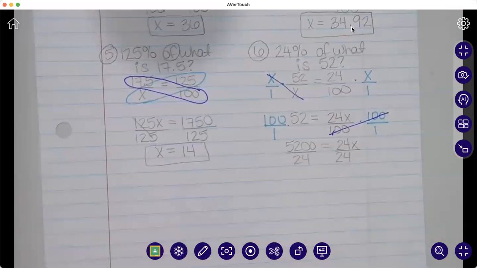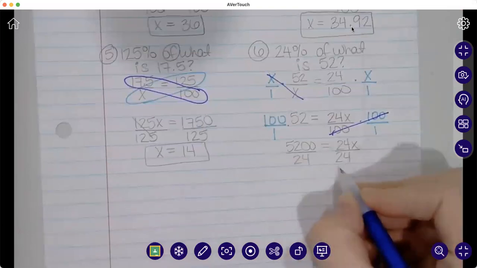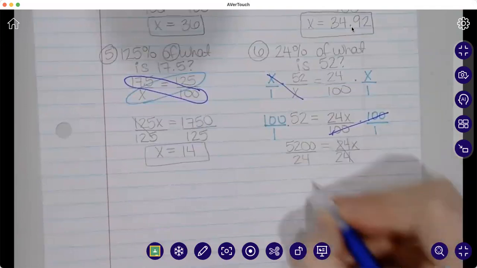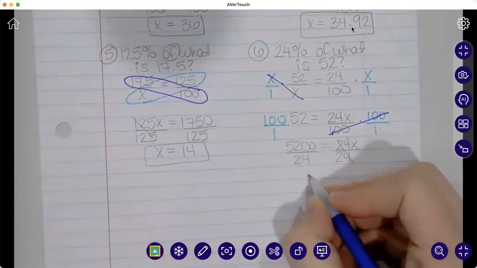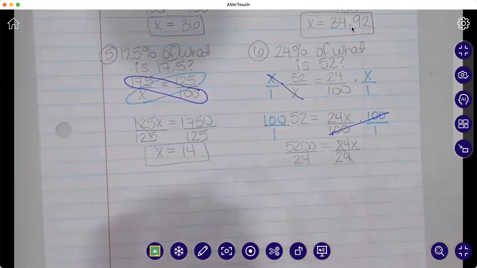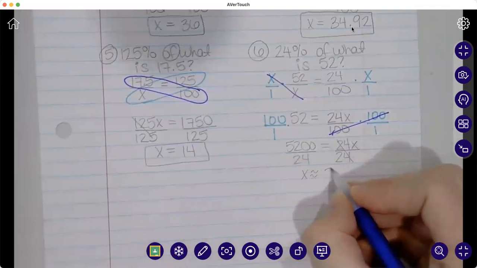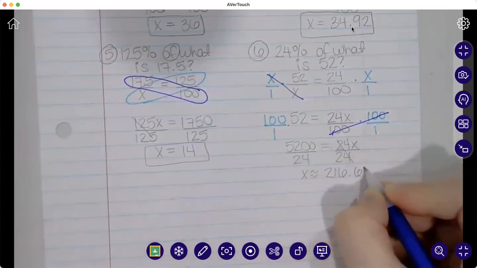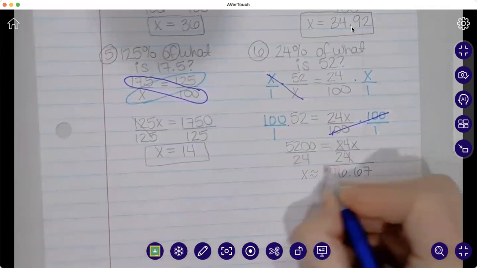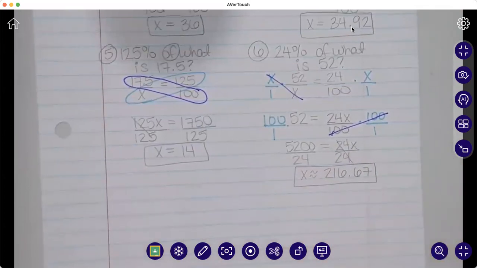And you'll notice that when you do that, you're going to get a long repeating decimal, and so we want just to the hundredth. The number we get in the calculator is 216.66 repeating. And so we always look to the third digit to round for the second. So therefore, x is approximately 216.67. We're not going to put the rounding sign or the repeating sign. We round to the hundredth.